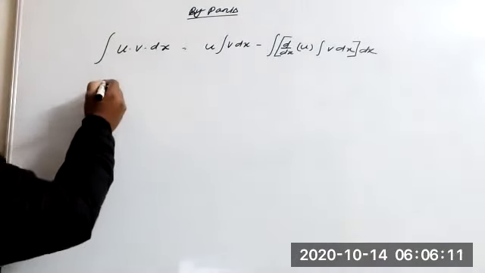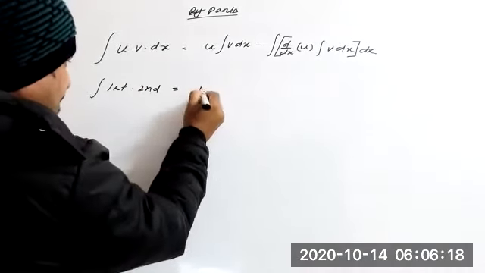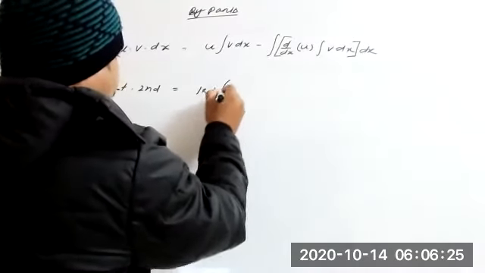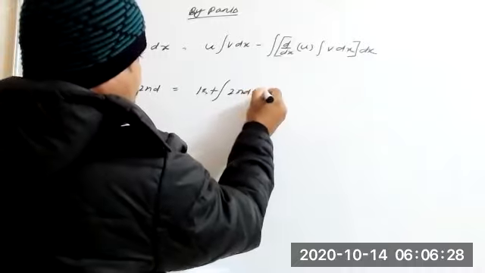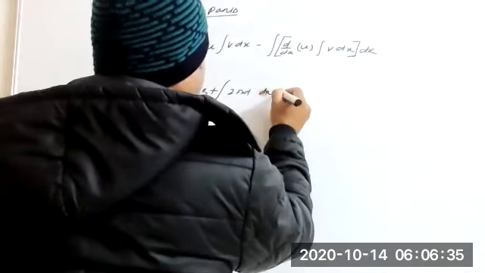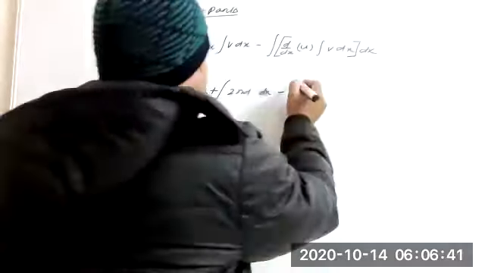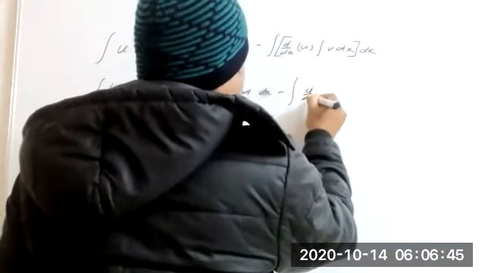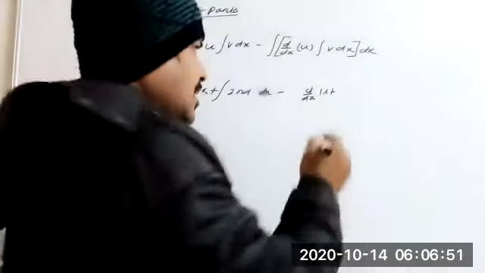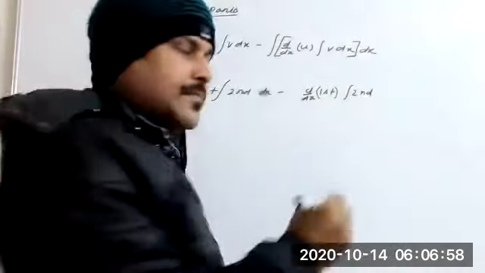In words: integration of first into second is equal to first function into integration of second function dx, by considering first and second both are functions of x, minus derivative of first function into integration of second function, right?